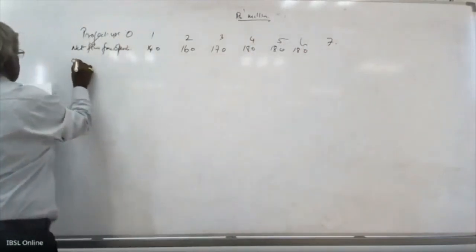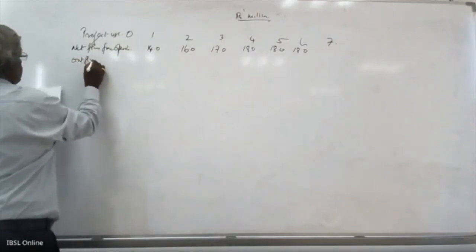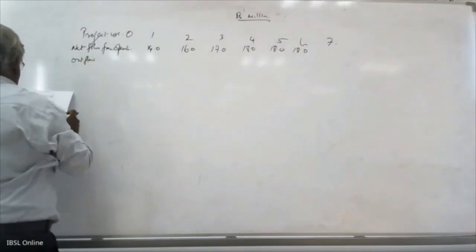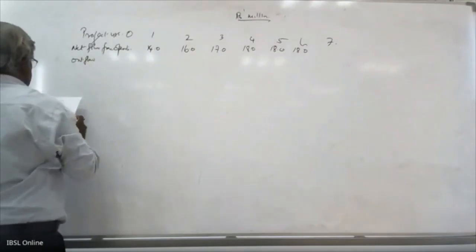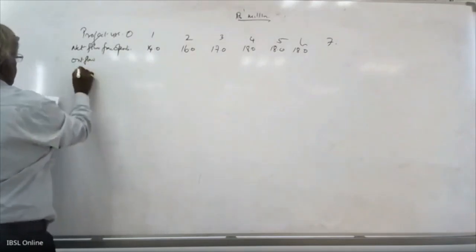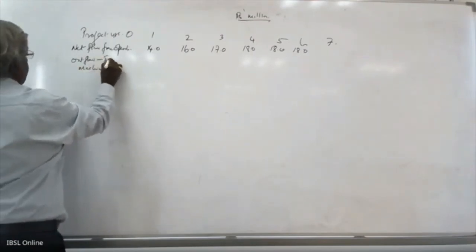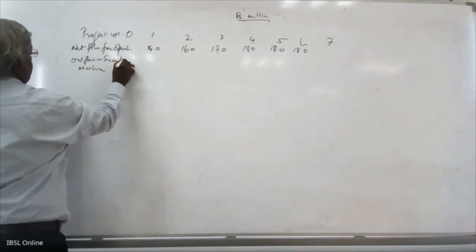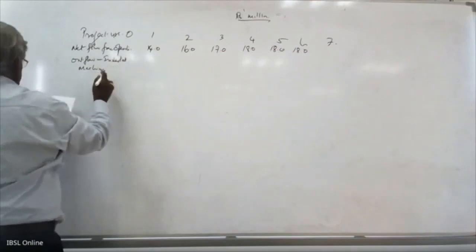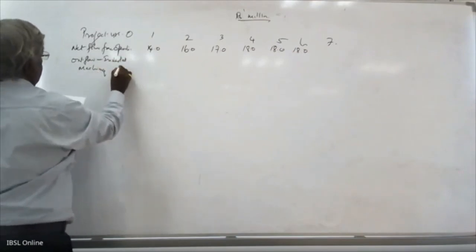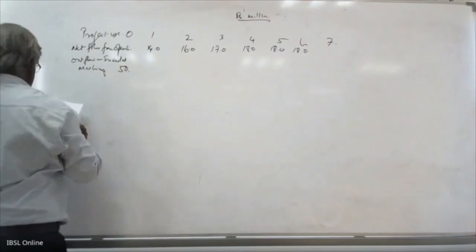Then outflow. Machinery. Outflow, that is investment: machinery, 50 million. Right.